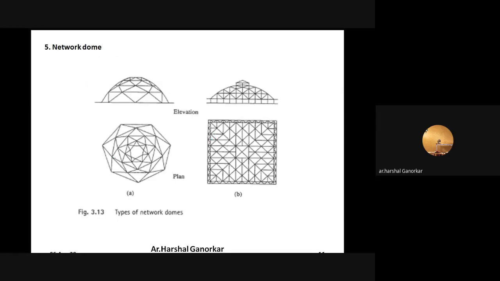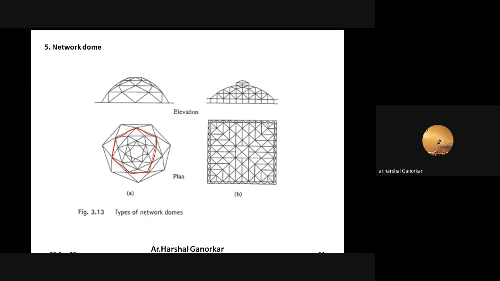In network dome, every upper portion is tilting with an angle, and that angle is derived by the formula: angle is equal to pi by n.